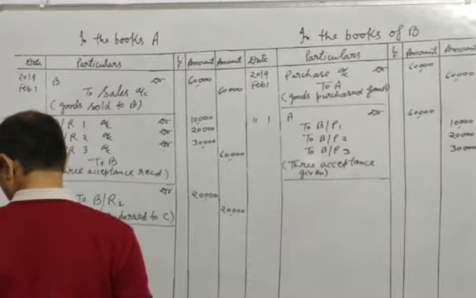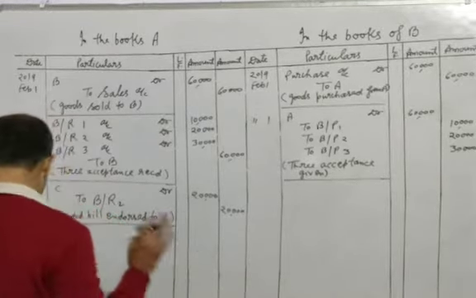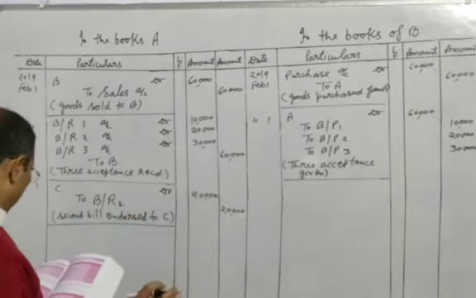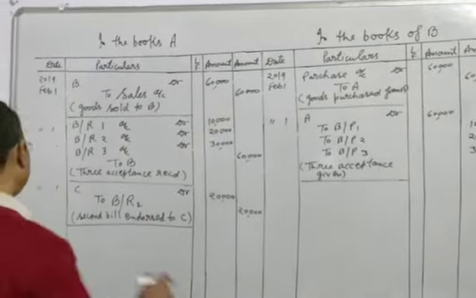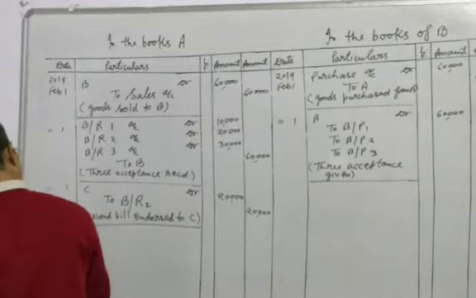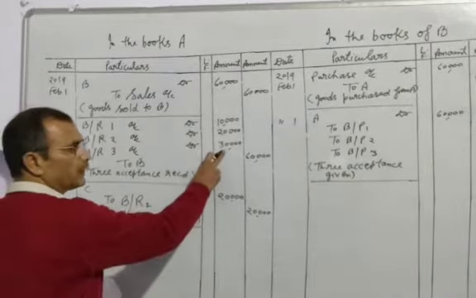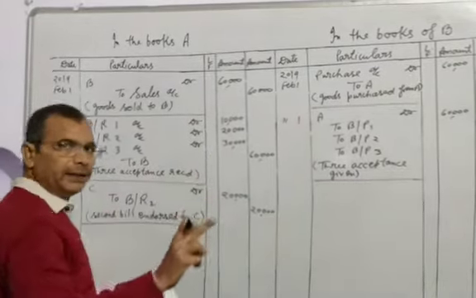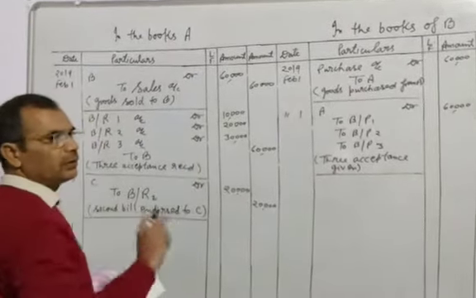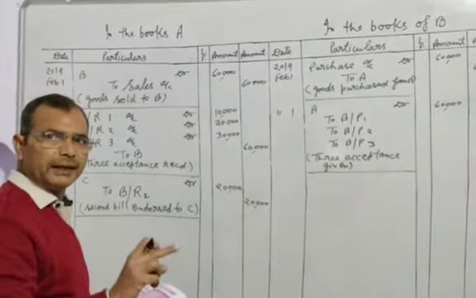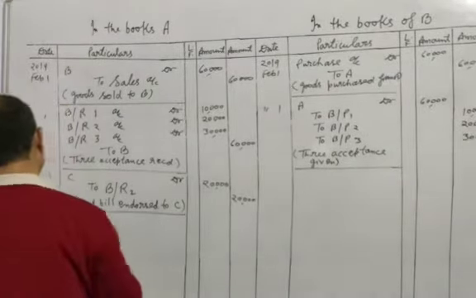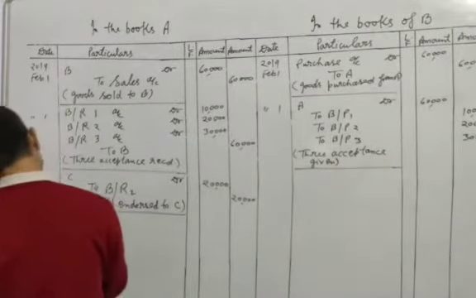The second bill was endorsed by A to his creditor C, and the third bill was discounted by him immediately. This means on the 1st February, the third bill of rupees 30,000 will be discounted by A. So we will make the entry of bill discounted. What would be the entry?